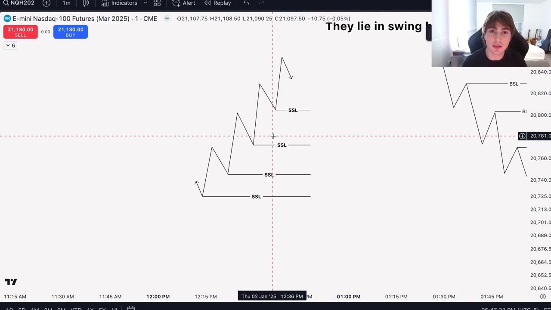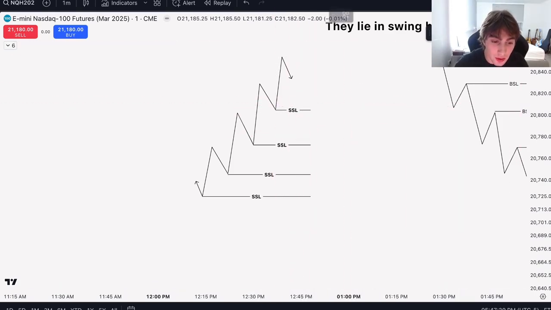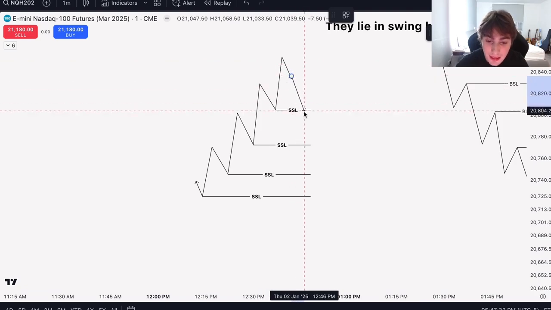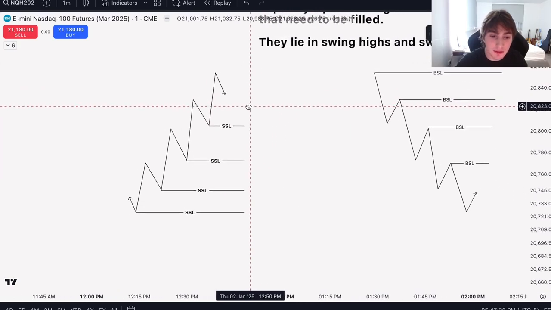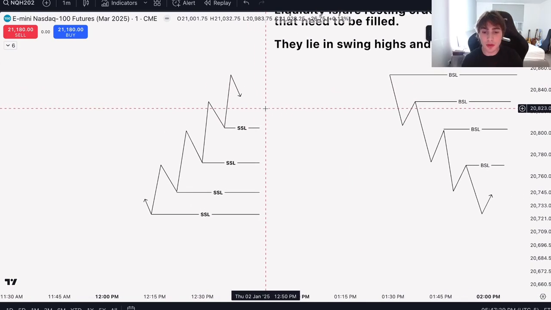And so that creates liquidity because the people in the markets are putting their stop losses at those swing highs and swing lows, in this case, swing lows. And so with that being said, you can expect price to then trade back to these lows, right? But in a very simple sense, what you need to understand is that liquidity serves a purpose of creating, let's say, like a mandatory reason for price to trade back to a level because orders need to be filled there.